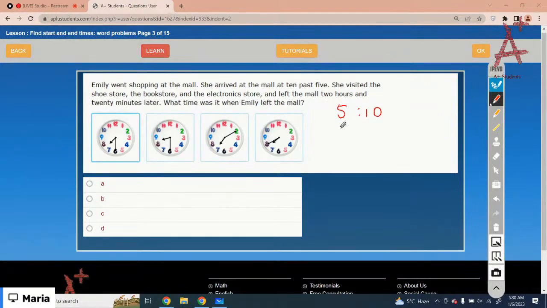You have to add 2 hours and 25 minutes. So it would be then 7:35. Got it? 10 past 5, she visited 2 hours and 25 minutes. So it is 7:35.